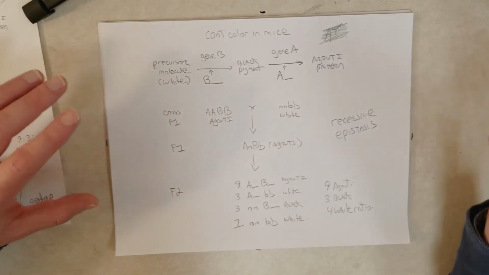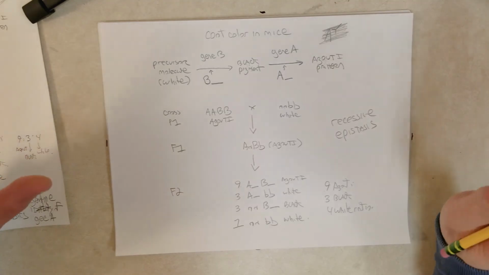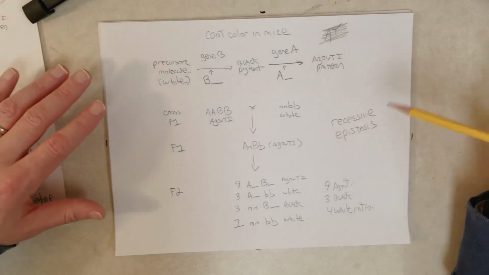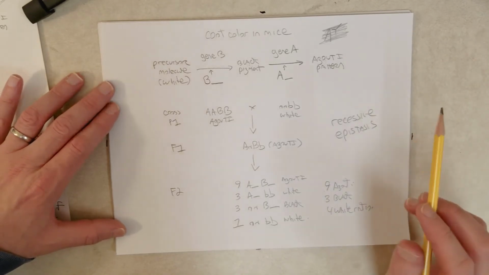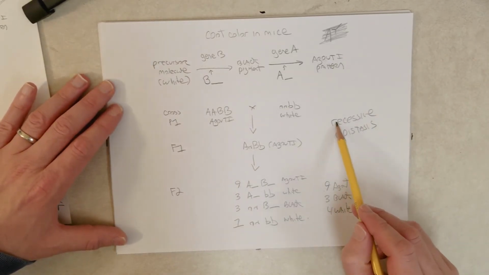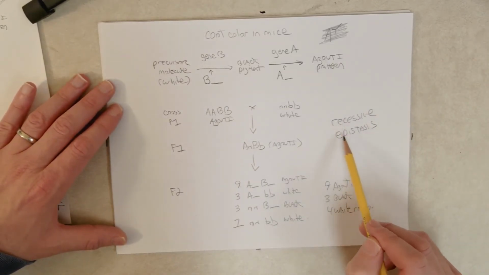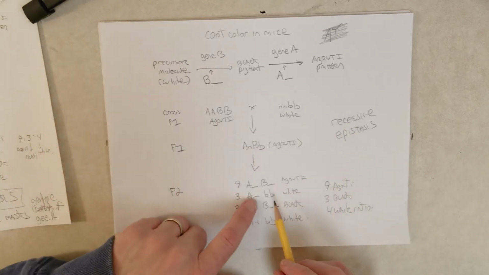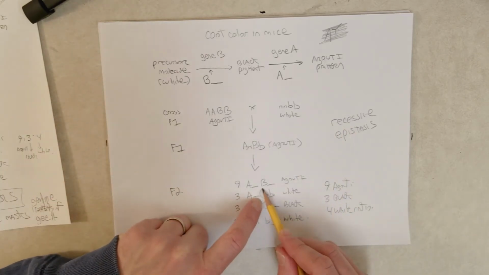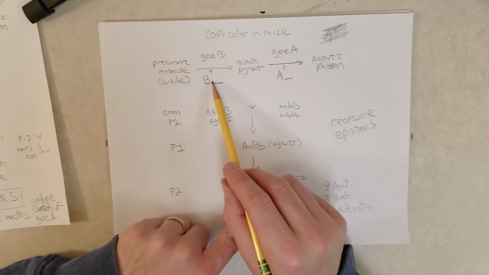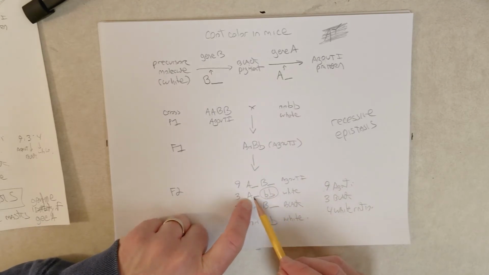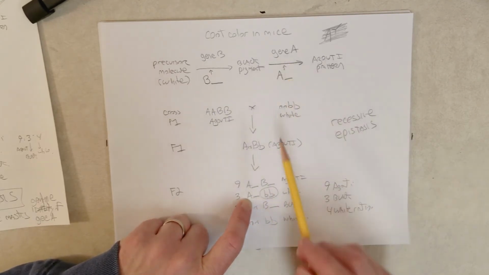Specifically, it means there's some sort of suppressive effect of one gene on another interacting gene. And in this case, recessive epistasis, what's happening is that the presence of recessive alleles at gene B is masking the presence of functional alleles at gene A.